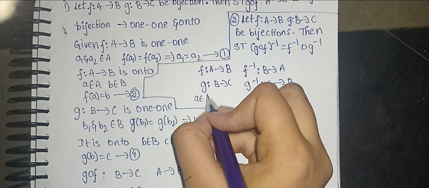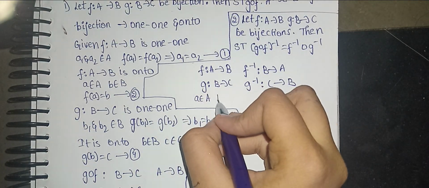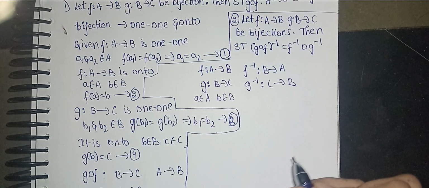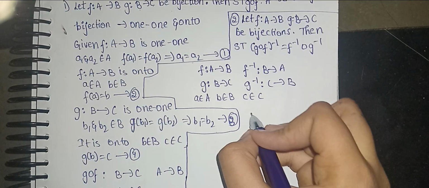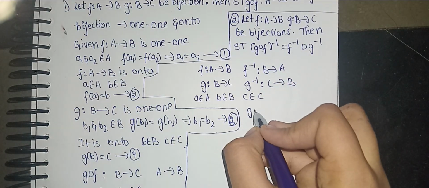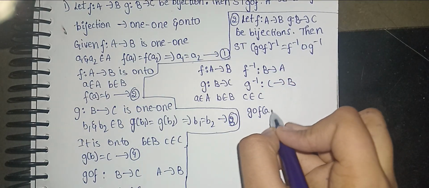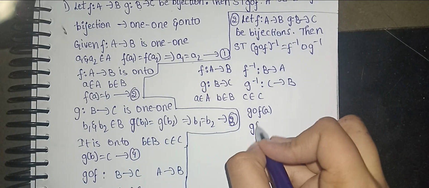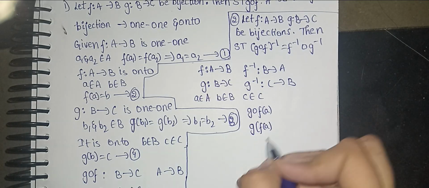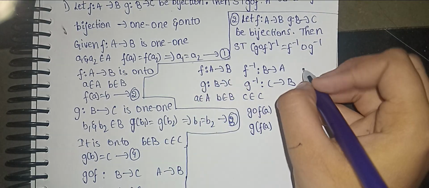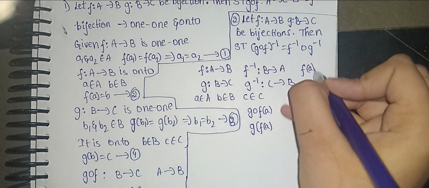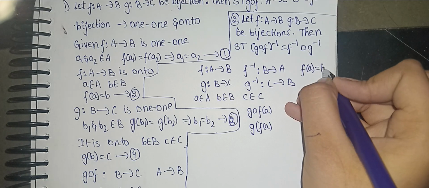a belongs to A, b belongs to B, c belongs to C. Okay. Now, this one. g circle f of a, g of f of a. What is f of a? See here. f function is A to B. So, f of a will be b.